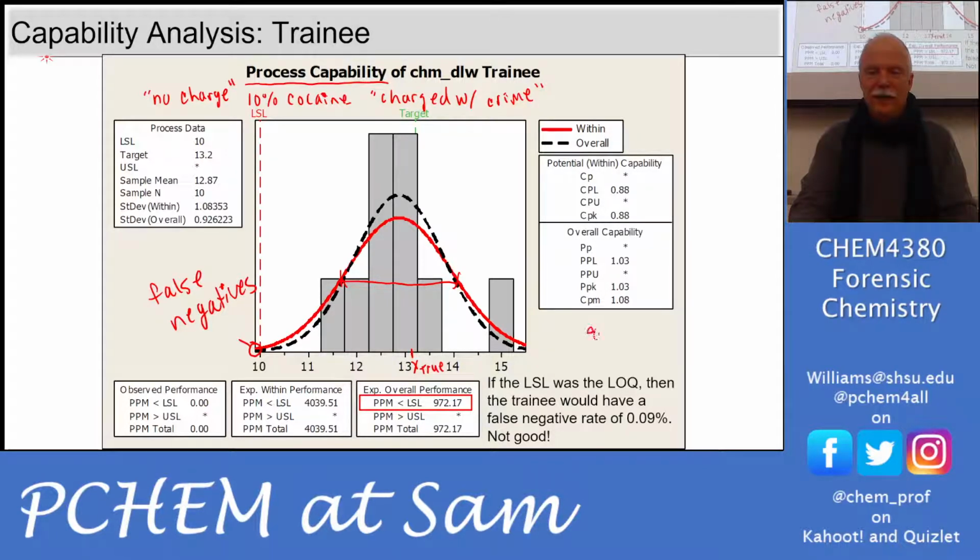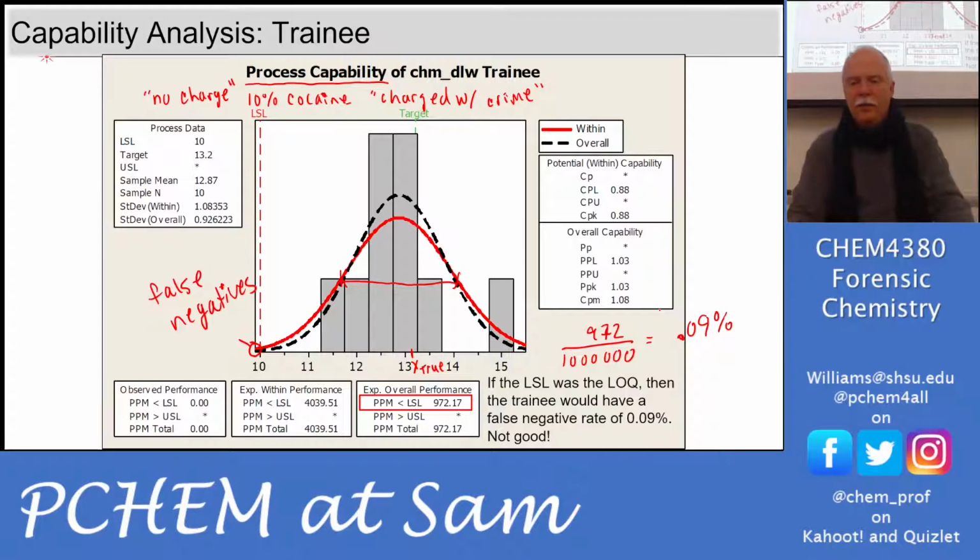So that's 972 over 1 million, which is equal to 0.09%. Out of 1,000, they'd have about 9. That's not good.